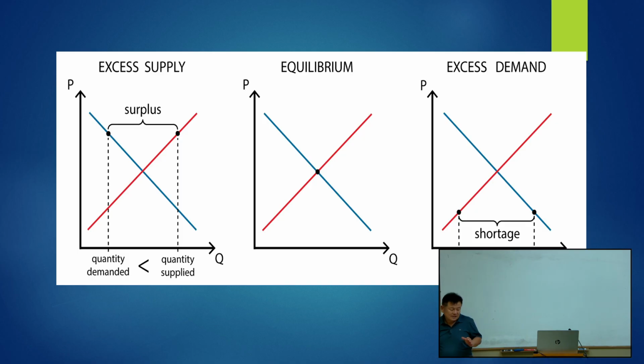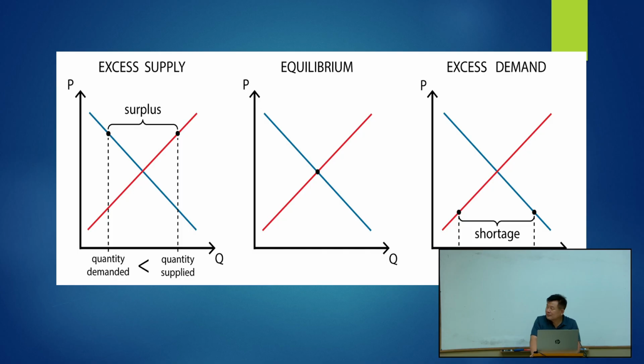If we are concerned about equilibrium, there are two different situations. One is surplus, the other is shortage. Shortage means quantity demanded is more than quantity supplied. This is shortage in the market.